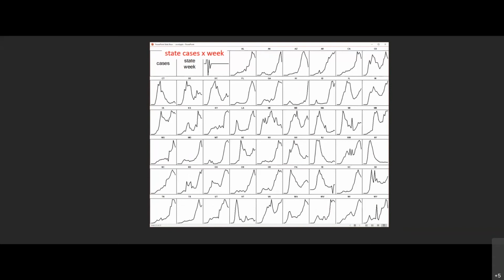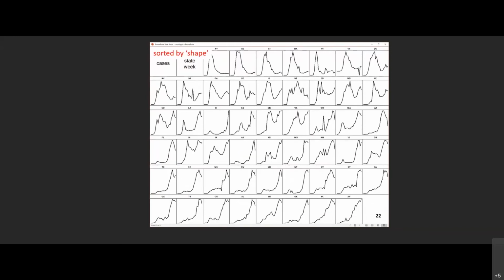And here I fit a polynomial regression and then did a principal component analysis, and I was able to array the states from those that have a kind of beginning hump, New York, New Jersey, Connecticut, northeastern states, through those states in the middle that have a very complicated pattern with a mid-epidemic hump, to the end of the array where we're looking at states on the last row or so that have a much more logarithmic or monotonic increase in their incidence. So we're obviously dealing with a very mixed bag.